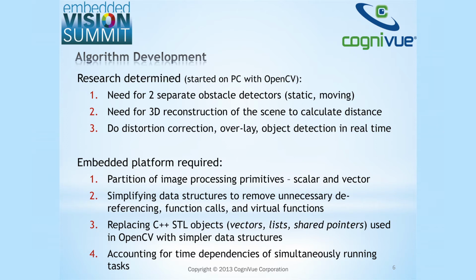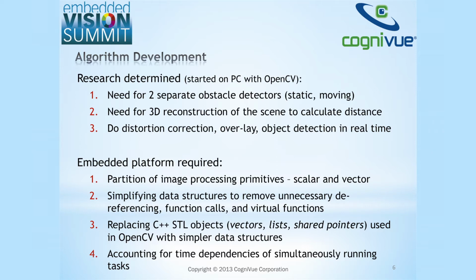So there were a lot of object classes used in OpenCV that we couldn't use, and we had to create simpler data structures. So really reinvent what you get from OpenCV. And then, of course, account for time dependencies. This was also very challenging because you're resource limited, so you've got to balance things out and make sure things can all function at the same time, or function in the right amount of time.